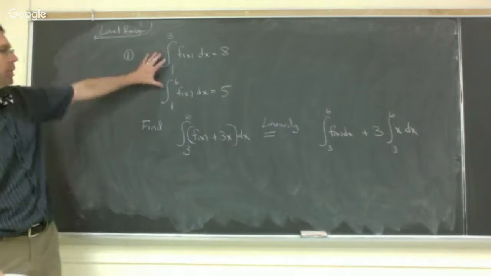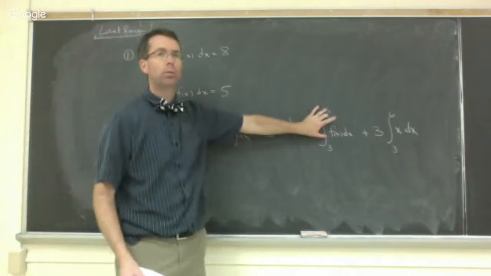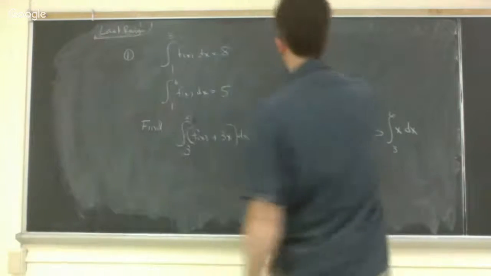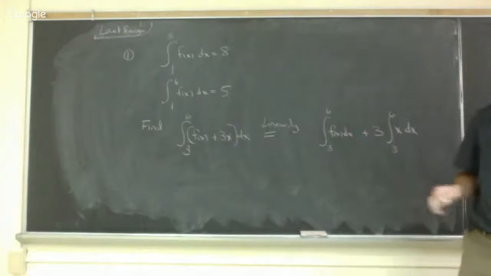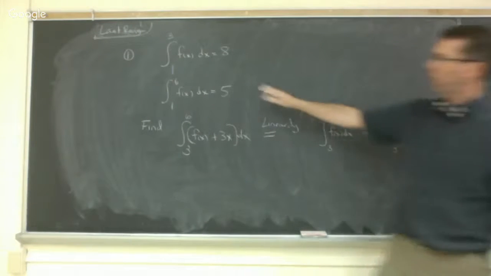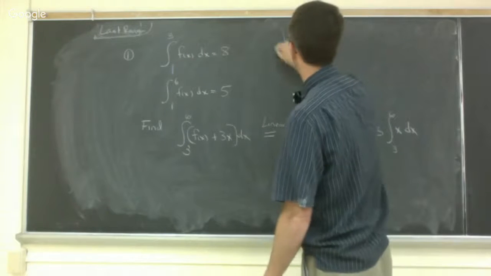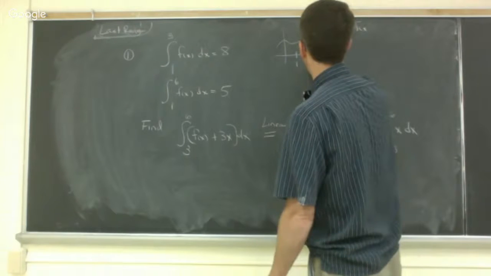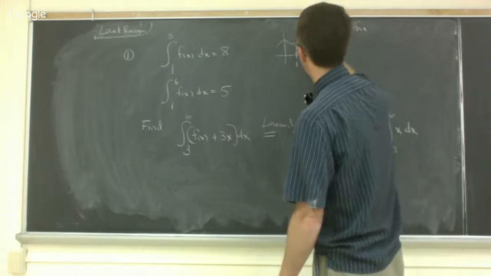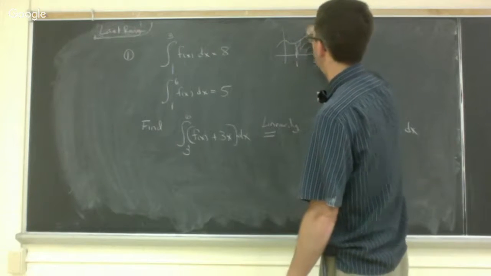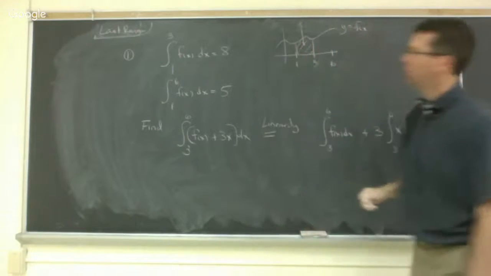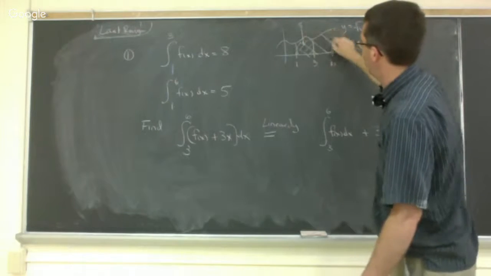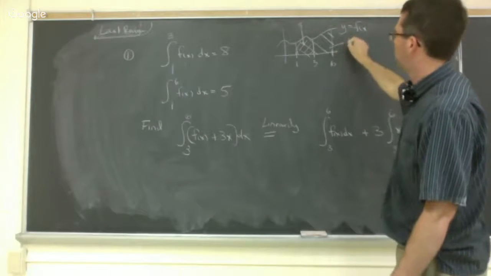Splitting is where I'm going to use these two integrals to figure out this integral. Well, I don't need to go to 0 here. So here, what do I have? I've got a function, and points 1, 3, and 6. From 1 to 3, I know that integral is 8. From 1 to 6, I know that integral is 5.